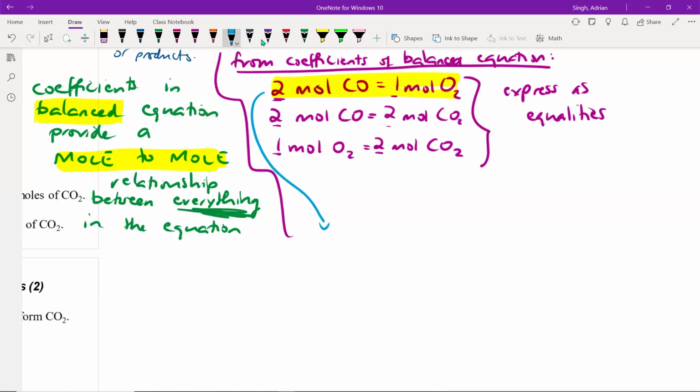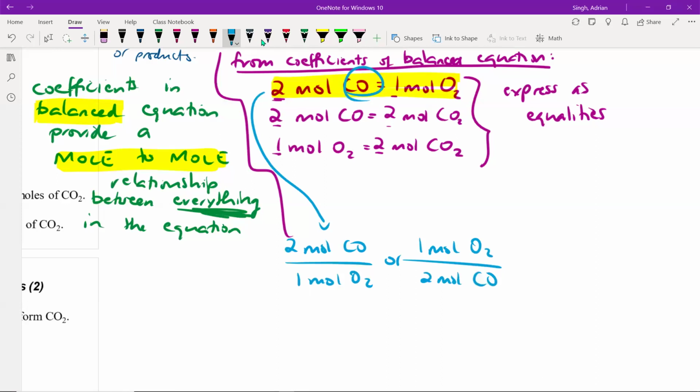So I can say 2 moles of CO over 1 mole of O2, or I can flip it and say 1 mole of O2 for every 2 moles of CO. So I'm relating those two things to each other by whatever those coefficients are. And I can manipulate them like any equality.